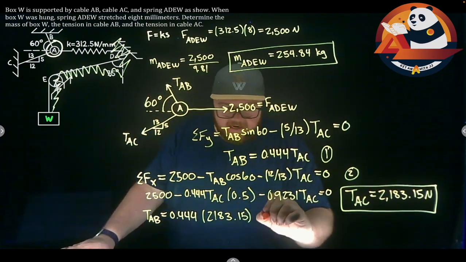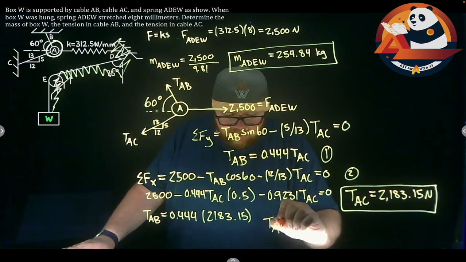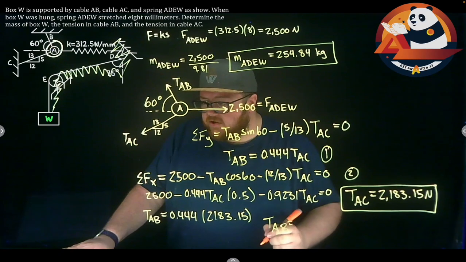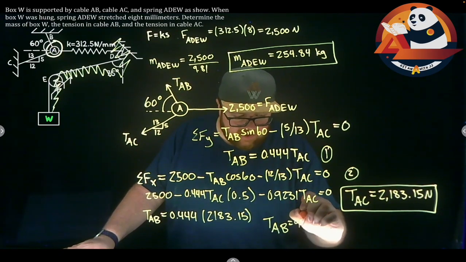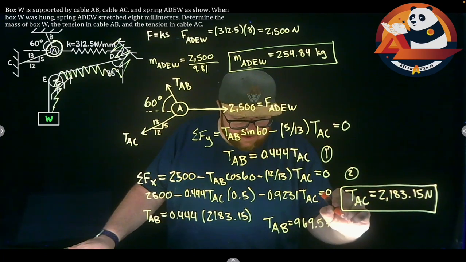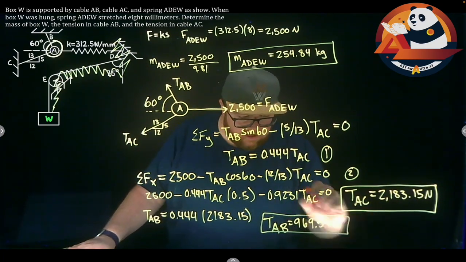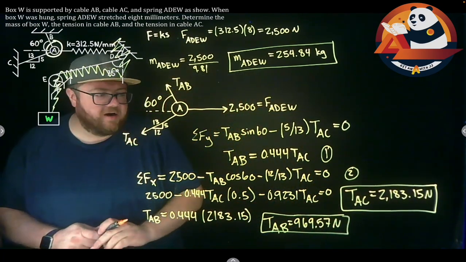So TAB is equal to 969.57 newtons, which is our second answer for our problem.